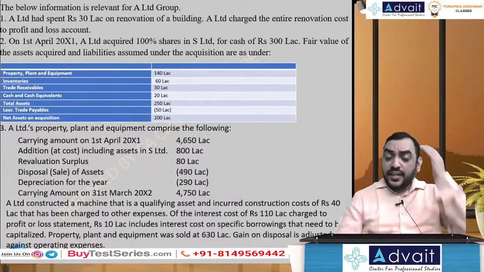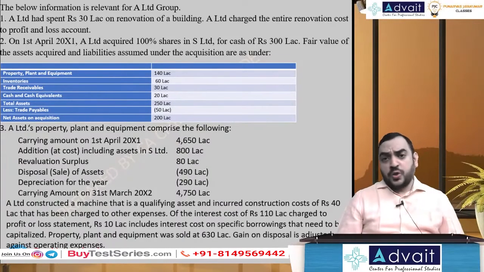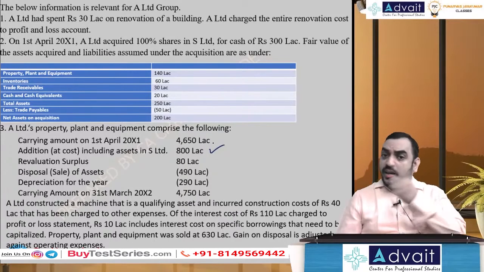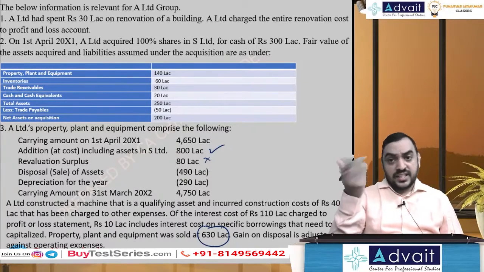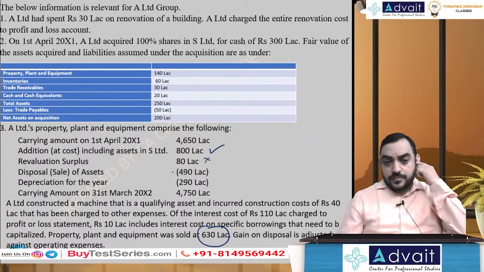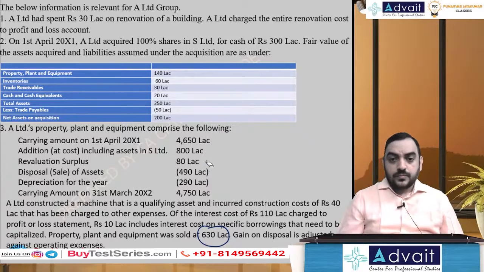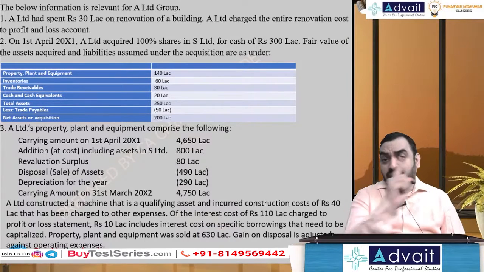So that is done. And if you prepare investing activities, what are you going to take? Additions, 800 lakhs, will come in investing activities. Revaluation surplus will not come. Disposal, 490 lakhs plus gain, that is 630 lakhs, will come in investing activities as an inflow. And depreciation will not come, and that's all. But in the additions, one adjustment is to be done.